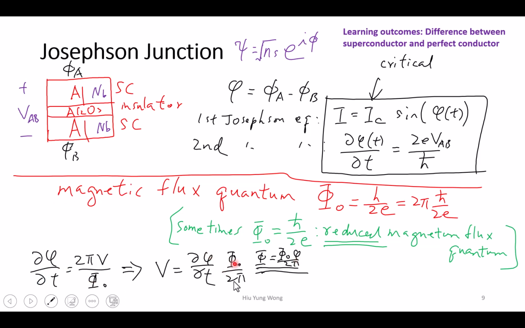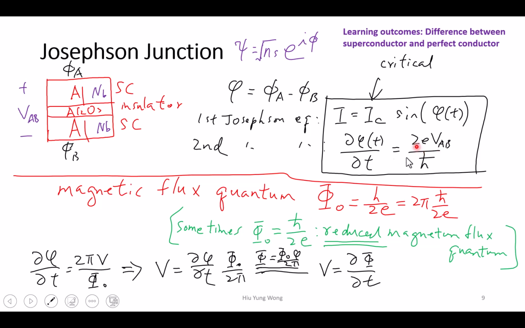I just put them as phi. That's it. My only goal is just to show you that this is equal to partial phi, partial t. Is that okay? So what I'm doing is nothing special.